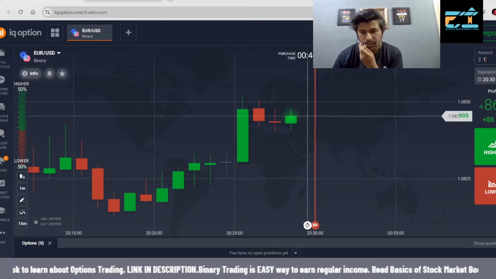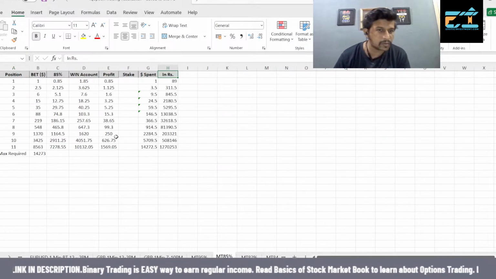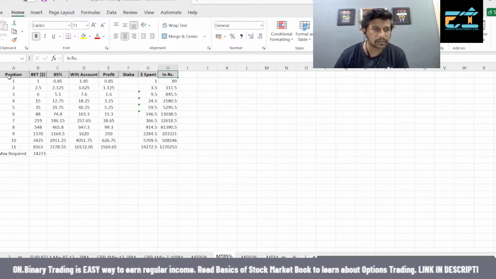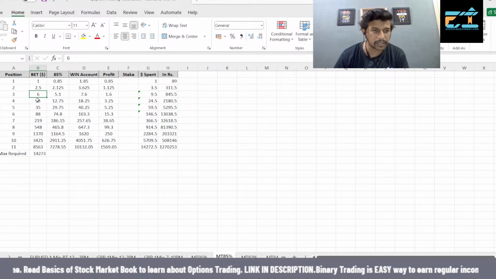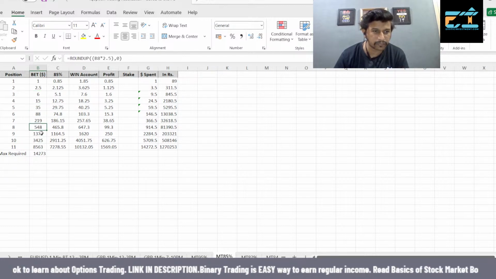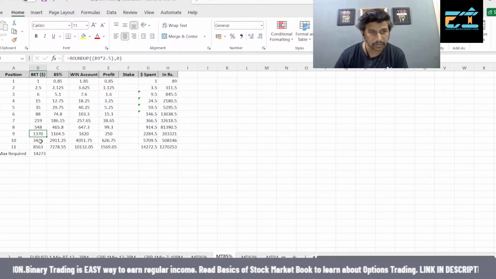So I use the Martingale system in order to take the bets. First position is $1, second is 2.5, third is $6.30, then 15.35, 88, 219, 548. Ninth position, I'm taking $1,370.